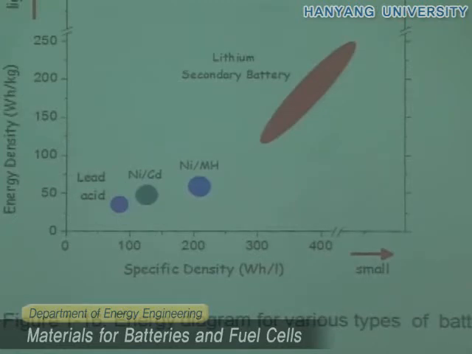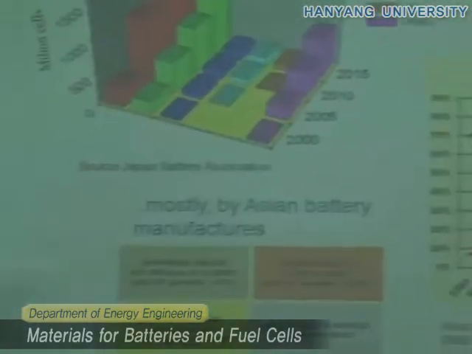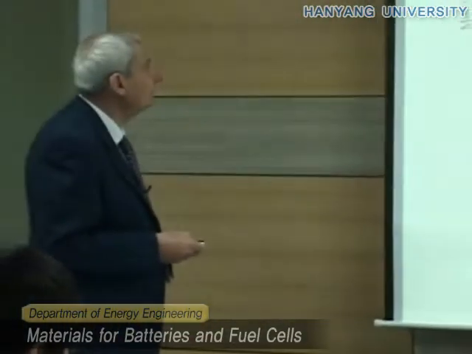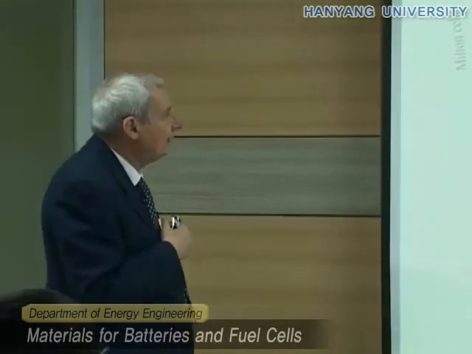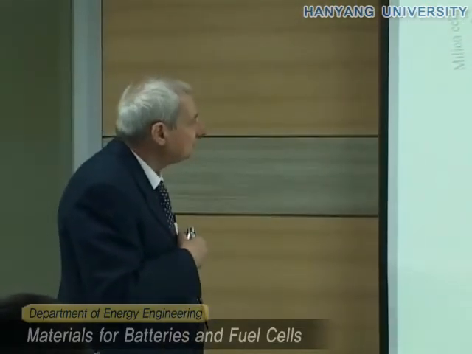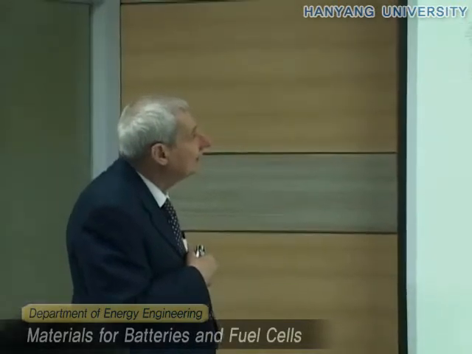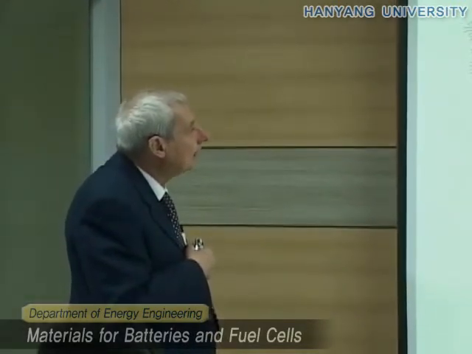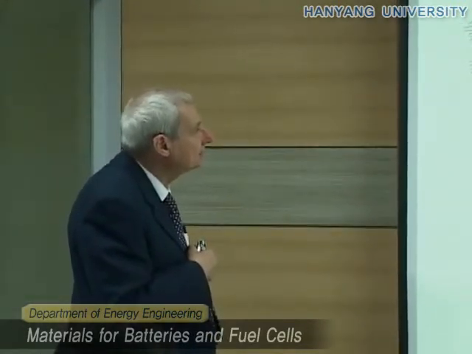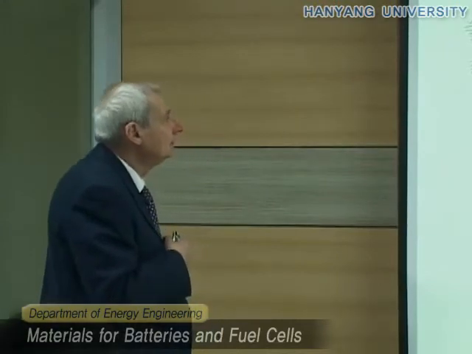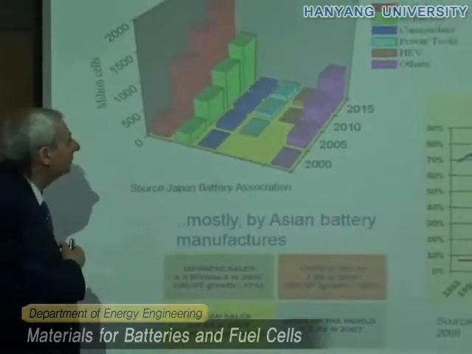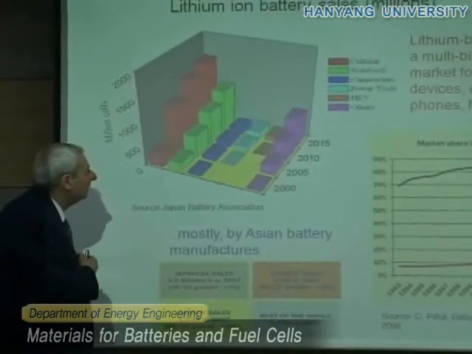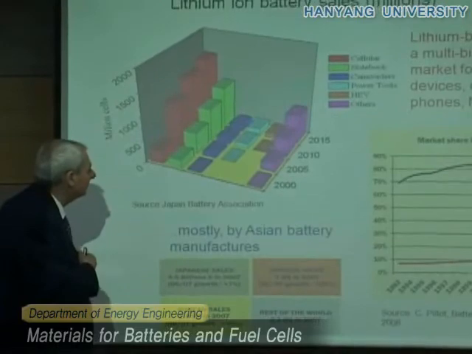What happens? Okay. And you see that this makes lithium batteries very popular. They are the power source of choice for a series of very popular electronic devices, which are, of course, cellular phones, notebooks, MP3s, laptops, and others.